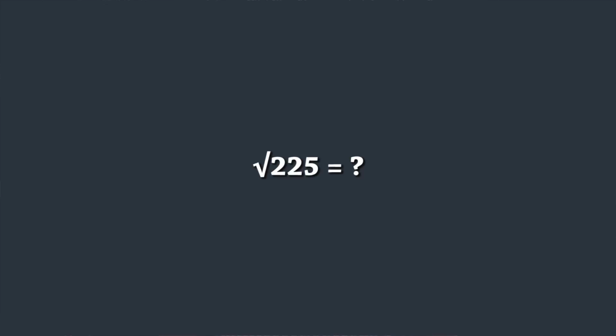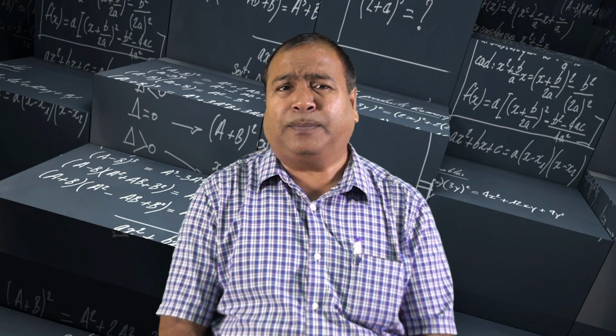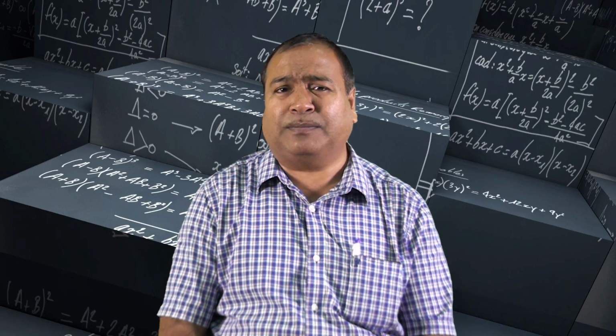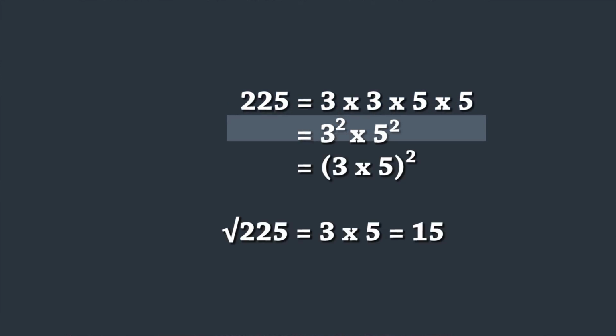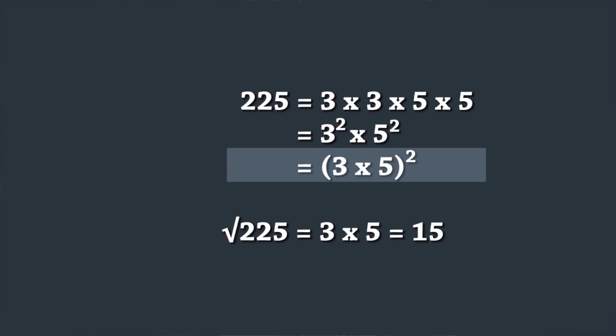For example, what is the square root of 225? By pairing the prime factors of this number, we get 225 is equal to 3 into 3 into 5 into 5. That is equal to 3 square into 5 square. That is equal to 3 into 5 whole square.